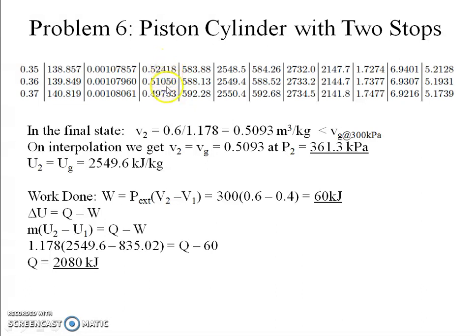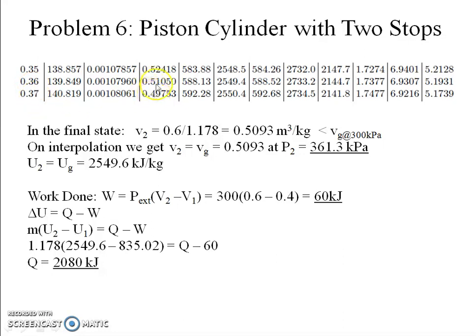So I'm scanning the steam table, looking for a value of 0.5093. I will start from 300 kilopascal, so this is 0.3 megapascal, and I will keep on looking in the steam table till I hit this value. This is 0.5105, and the next value is 0.49. Our value lies in between these two. One value corresponds to 360 kilopascal, the other is 370 kilopascal.